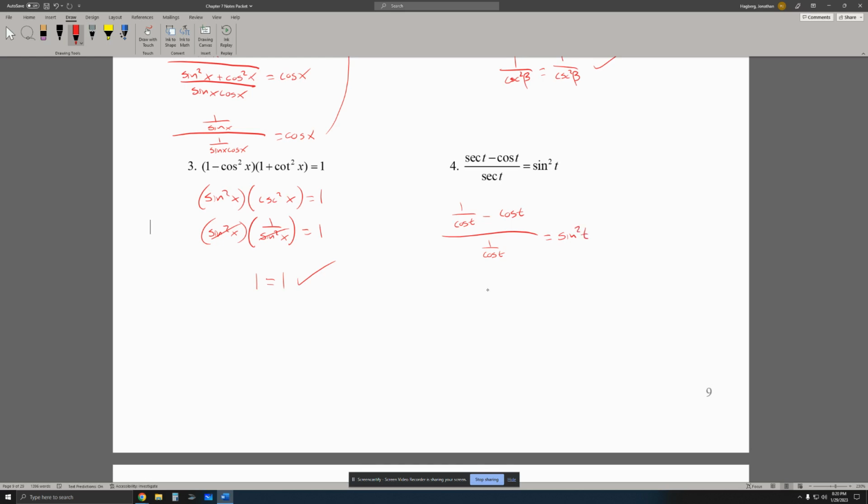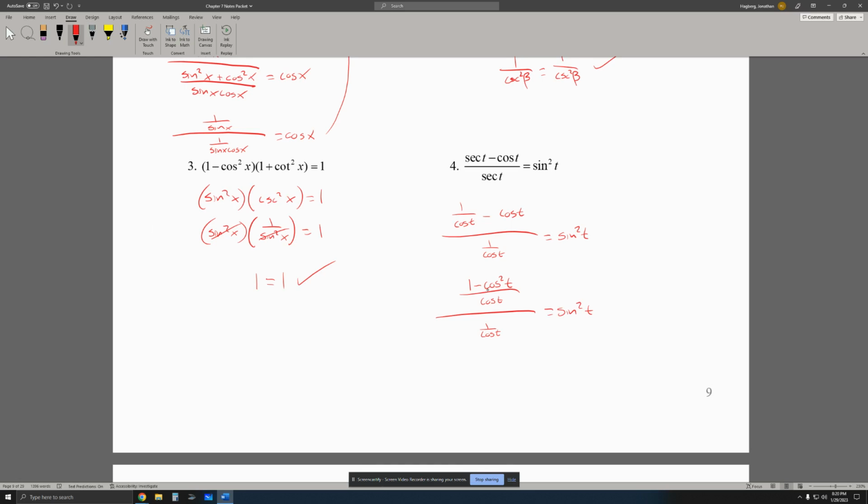So let's find a common denominator. I'm going to multiply this cosine of t times cosine of t over cosine of t. So we get 1 minus the cosine squared of t all over cosine of t. And that's all over 1 over cosine of t. Okay? And we want this, again, equal to sine squared.